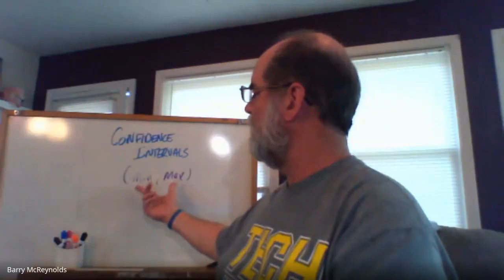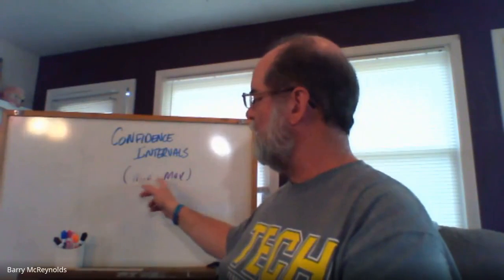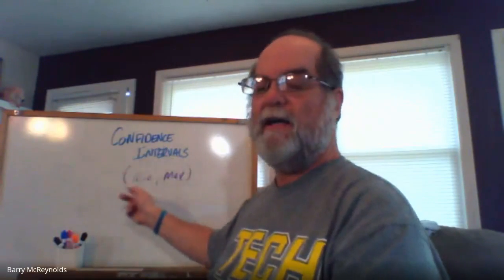With 95% confidence, we're pretty sure that the value we're looking for in our population is contained between this min and this max. And that's what we're going to be doing for the next few days: figuring out how to calculate these values, and then how to interpret them in the context of a particular case.